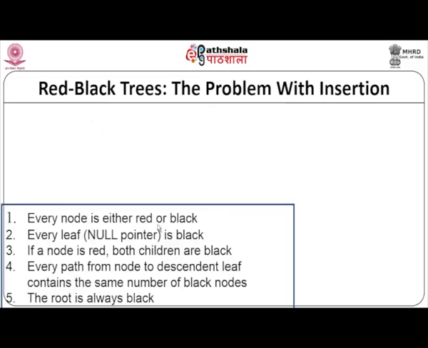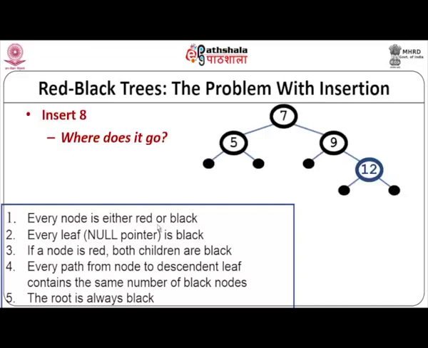So, the problem with insertion is this: every node is either red or black, every leaf is black. If a node is red, both the children are black. We know these properties, just stating it. Every path has to have the same number of black nodes and the root is always black. So, if you insert 8 here, where does it go? It will normally go as a left child of 9.